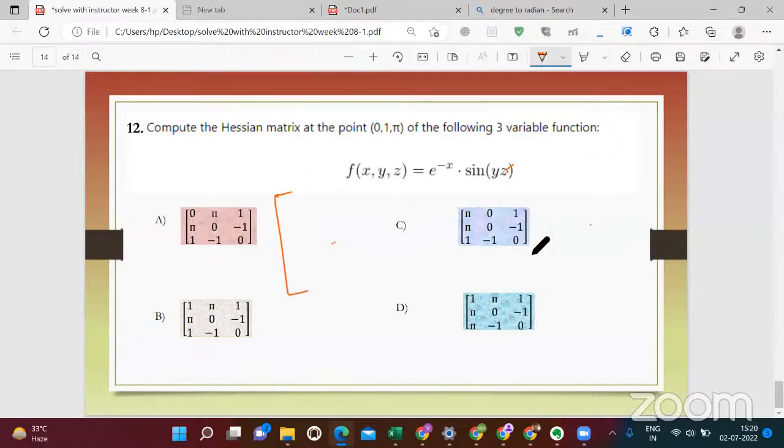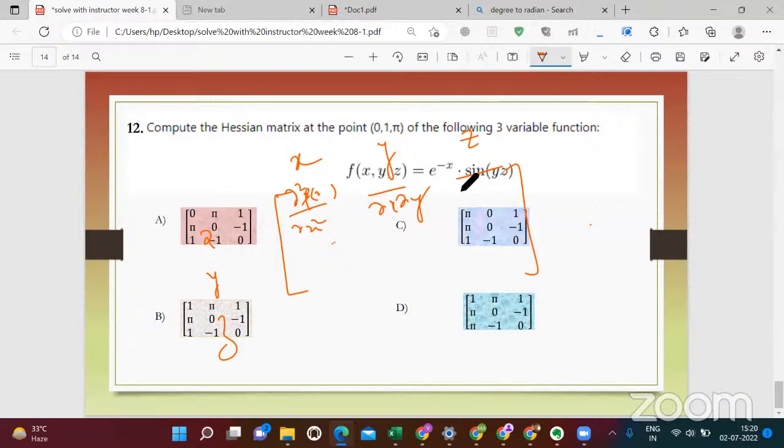Everybody knows, right? If I'm having a function in the form of x, y, z, you need to double differentiate this function with respect to x, whatever the function you are having, and then partial differentiation with respect to xy, then xz, similarly y square, differentiating with respect to y and then again y, and then yz.